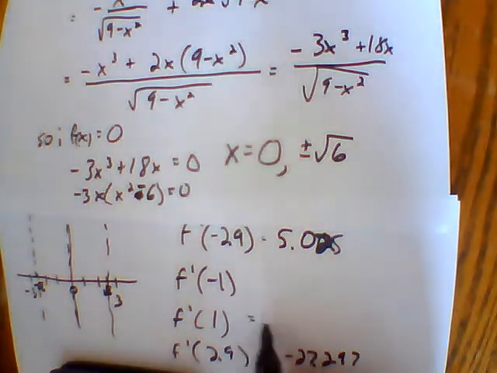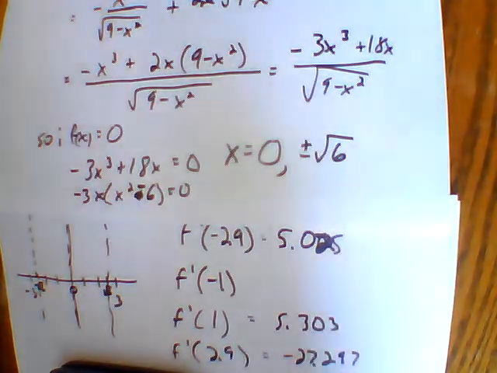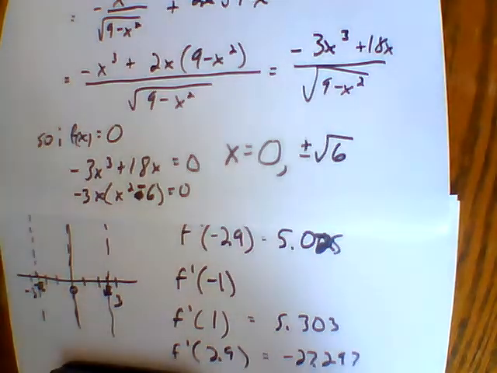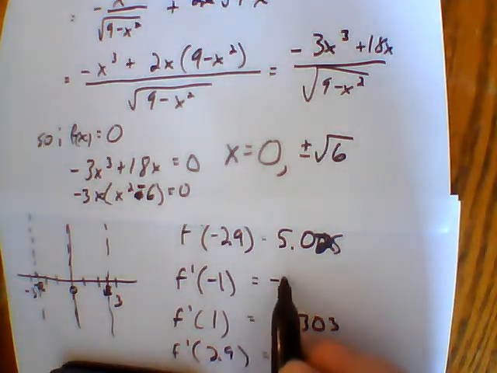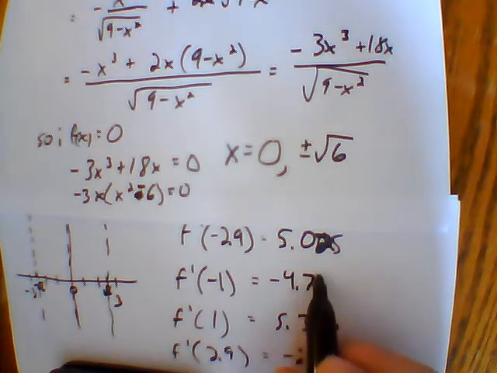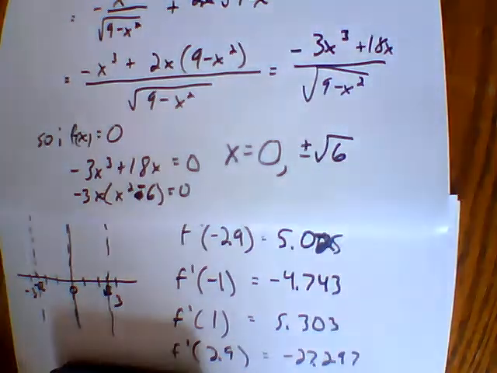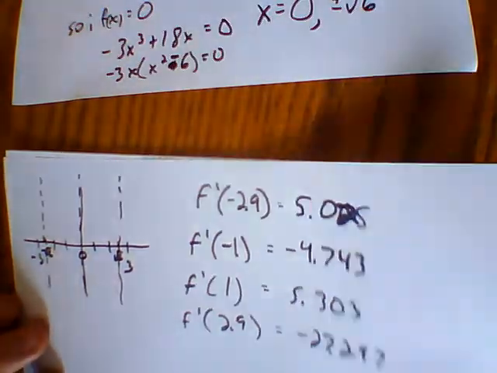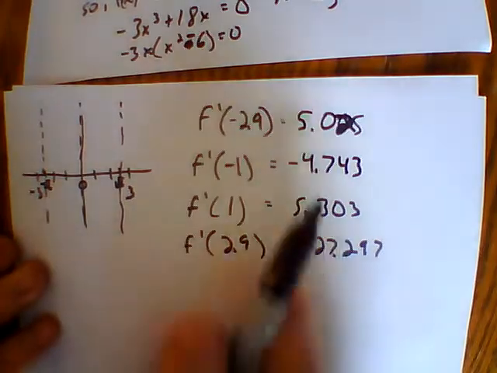If we put 1 in, we get 5.303, and then if we were to change that to be a negative 1, we would get a negative 4.743.